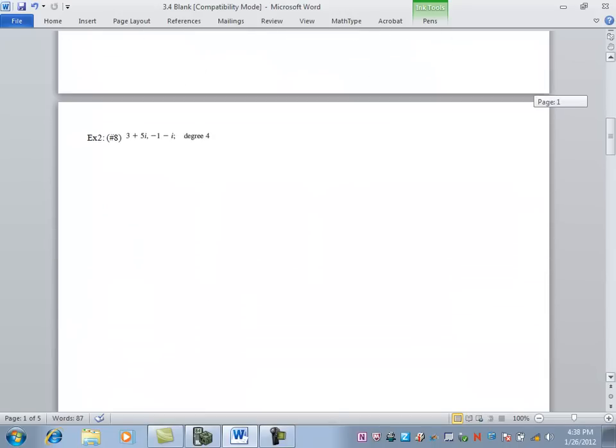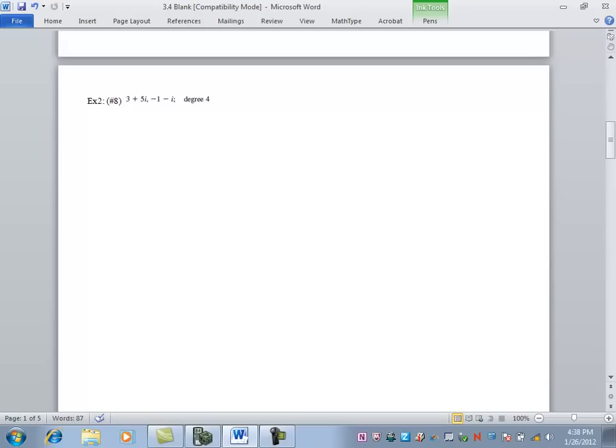Let's take a look here. We've got another polynomial here, and notice a few things. They're telling me that x equals 3 plus 5i is a zero. Well, if 3 plus 5i is a zero, then 3 minus 5i is a zero.